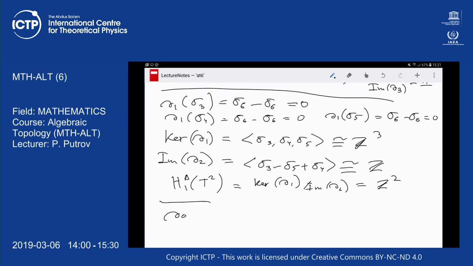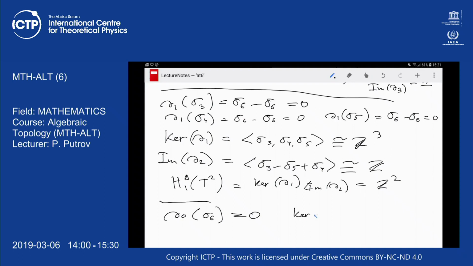Finally, what about delta 0? D0 acts only on sigma 6, and it's 0. D0 is always 0 because there are no minus 1 dimensional simplices.